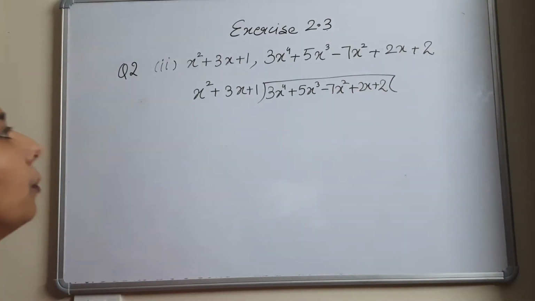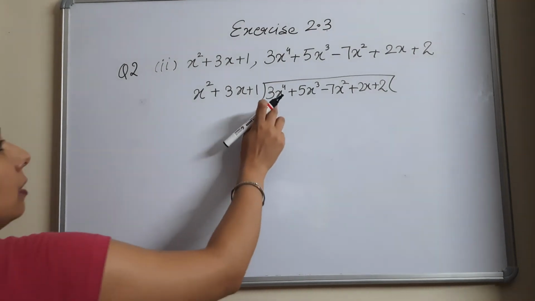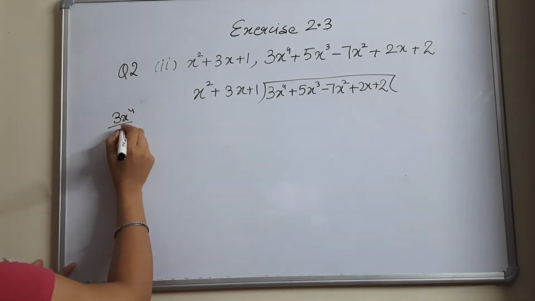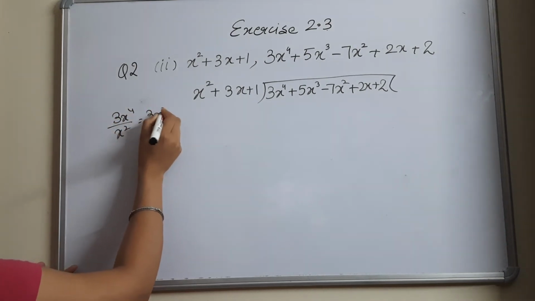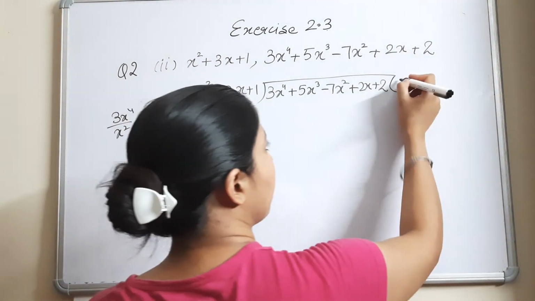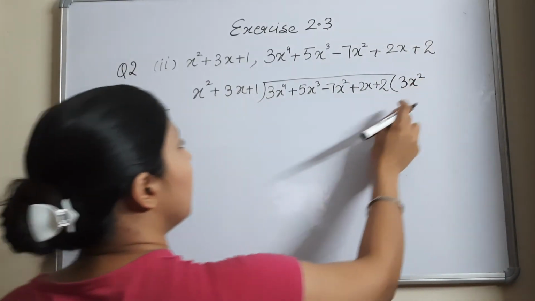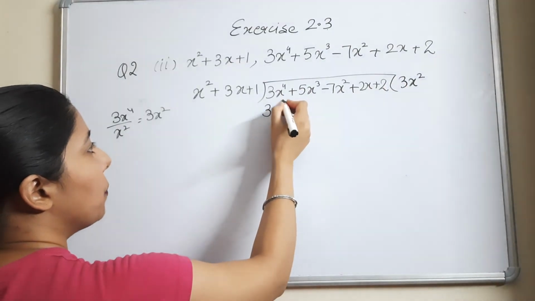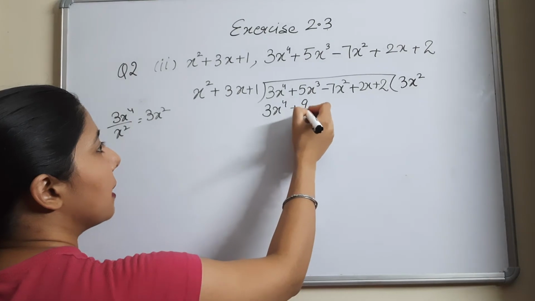Now we will find the first term of q(x) here. So write 3x^4 here and x square here. What you are left with is 3x square. So the first term in q(x) will be 3x square. Now multiply 3x square here. It will be 3x^4 plus 9x cube.